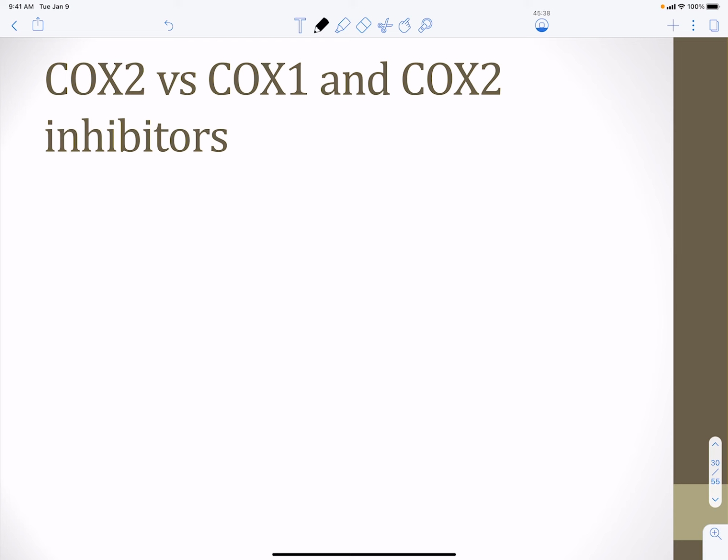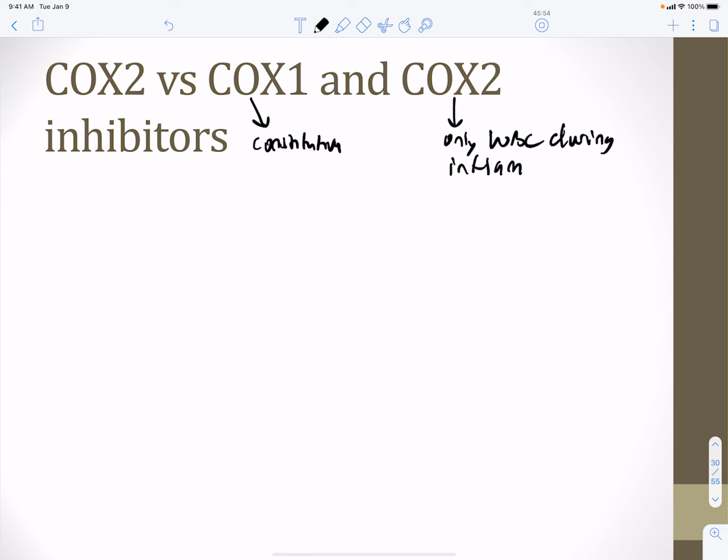So cyclooxygenase 2, again, is only going to be during inflammation. So this is constitutive. And this is only white blood cells during inflammation. Your NSAID drugs target both.